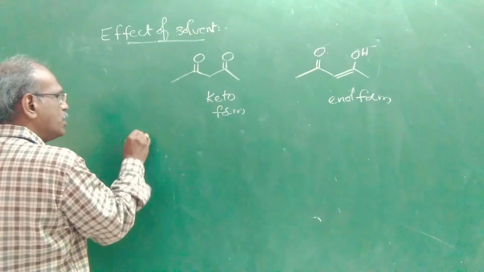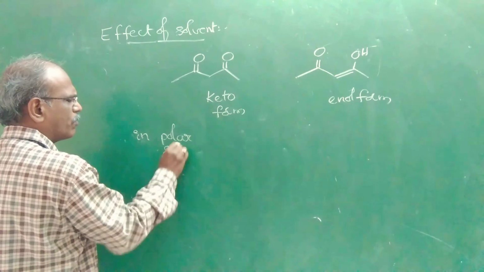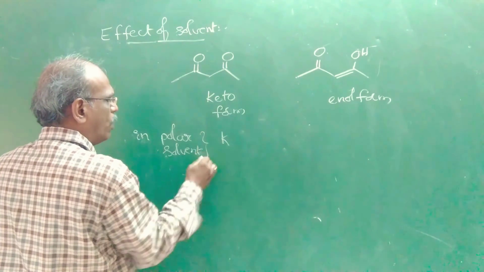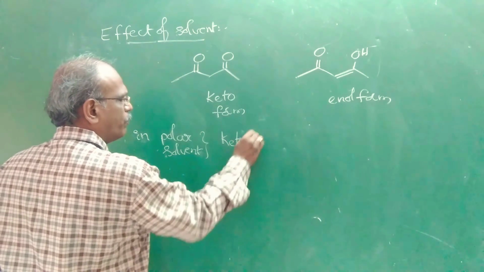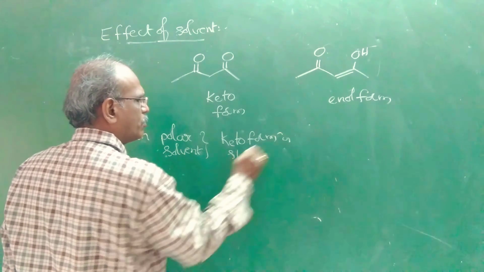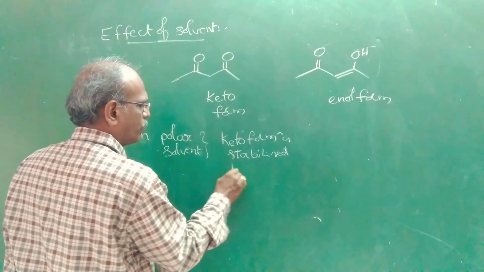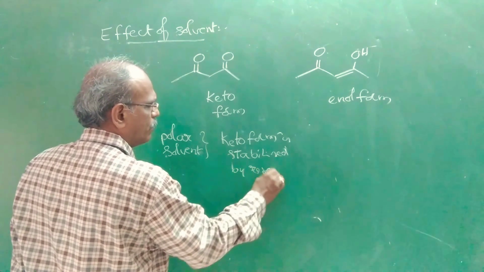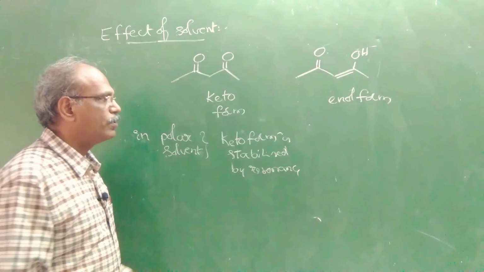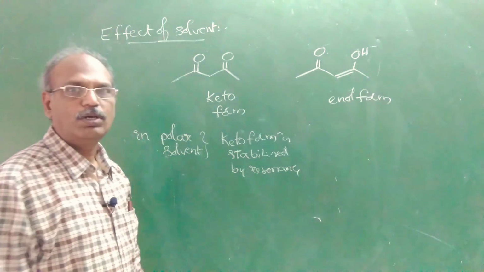See, in polar solvents, the keto form is stabilized, that is stabilized by resonance. Because of that, the tendency to form enol decreases.